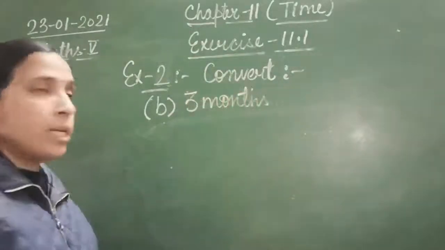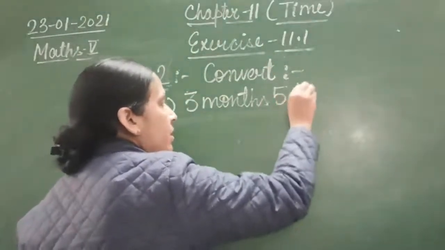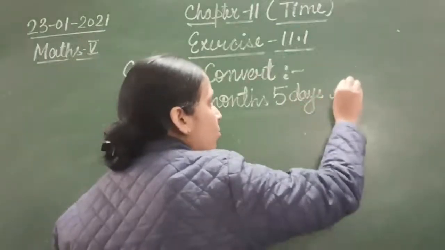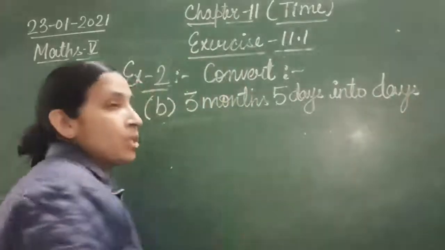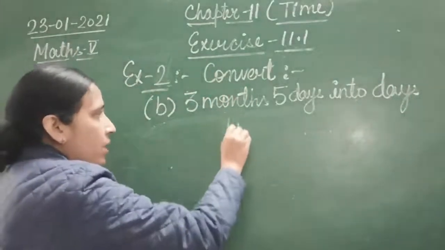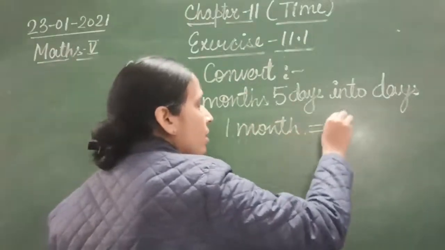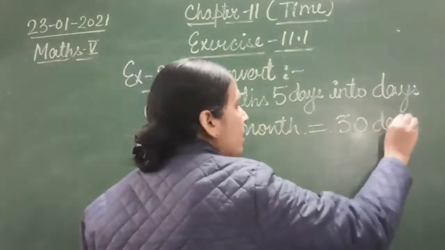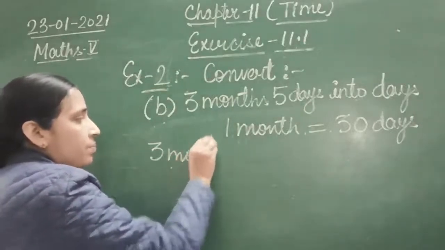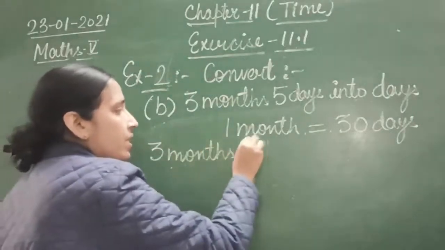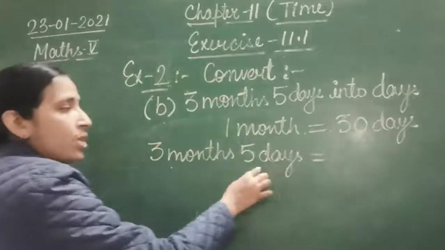Now B part, the question is 3 months 5 days into days. First of all, we write the relation between the two: 1 month is equal to 30 days. 3 months 5 days will be equal to, now these days you don't need to convert.